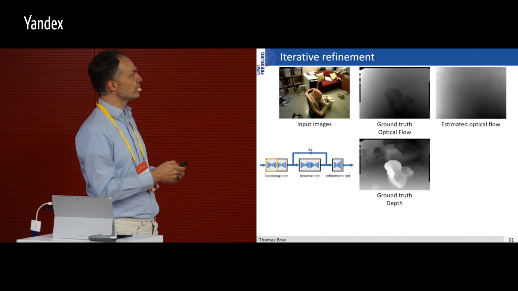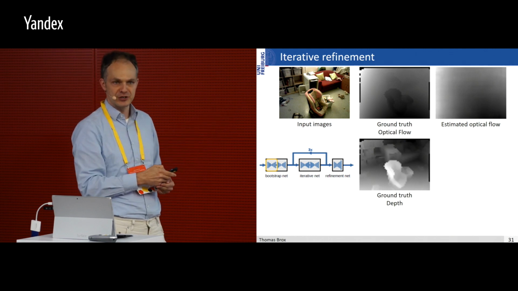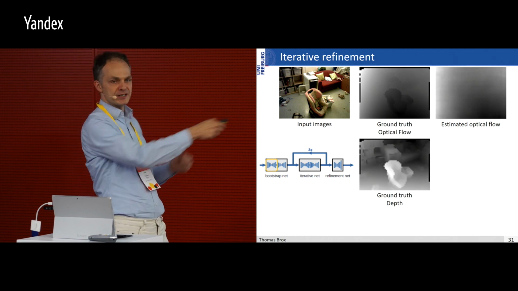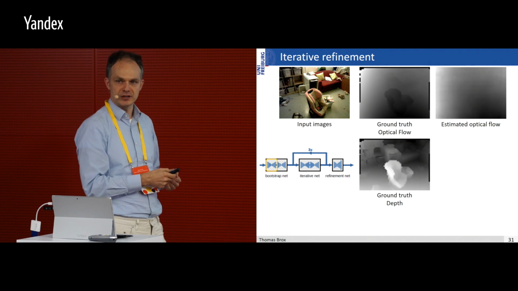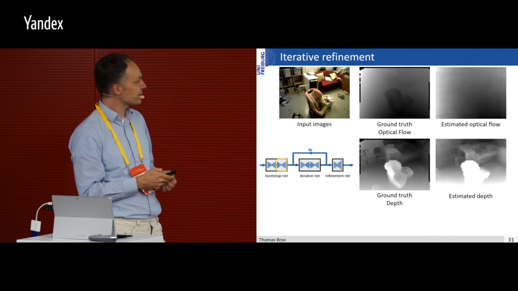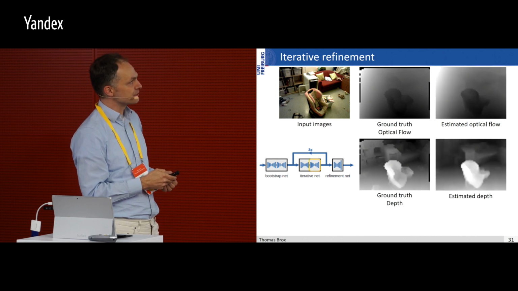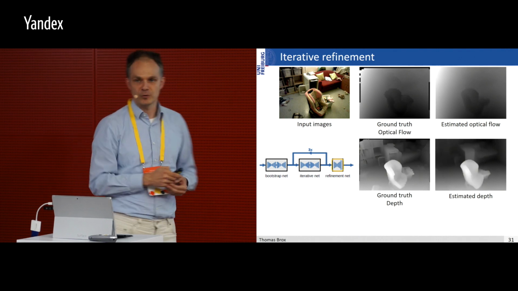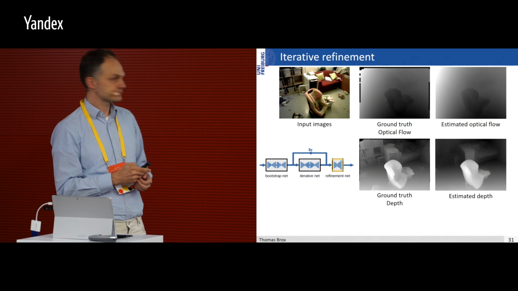You see it's not super good yet, but it coarsely captures the motion, and that's quite important already to estimate the ego motion of the camera. That's the first estimated depth that you get. Now you iterate this and you see that the optical flow and the depth map get more and more refined, and that's the final step where you then get the final result.